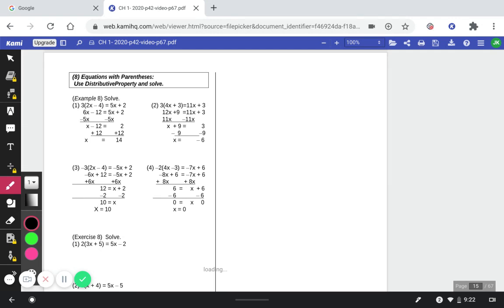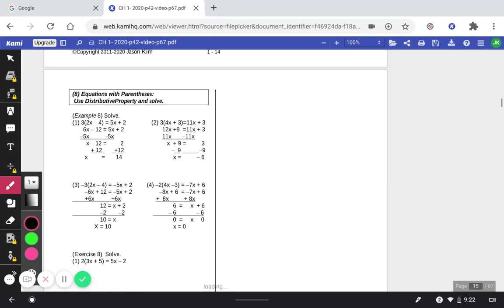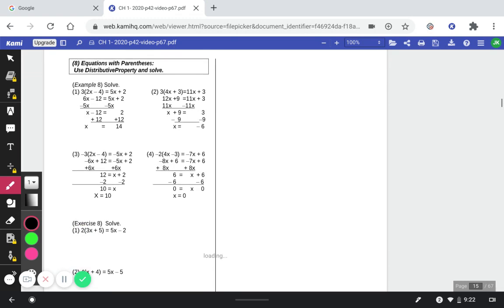This is another level of equation. This time it is an equation with parentheses. So when you have an equation with parentheses, use the distributive property and solve. So now, what do we do if we have a parenthesis?